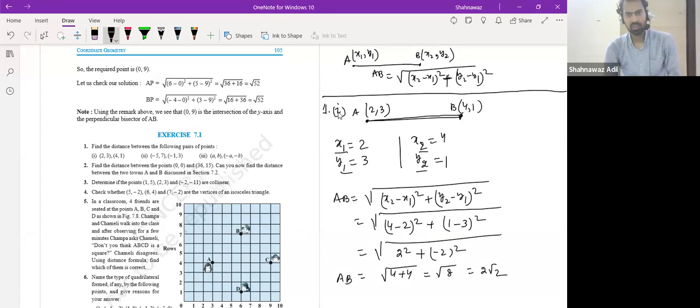You guys quickly note it down, and then we will do the third problem because the second one is the same. Or let us do the second one.